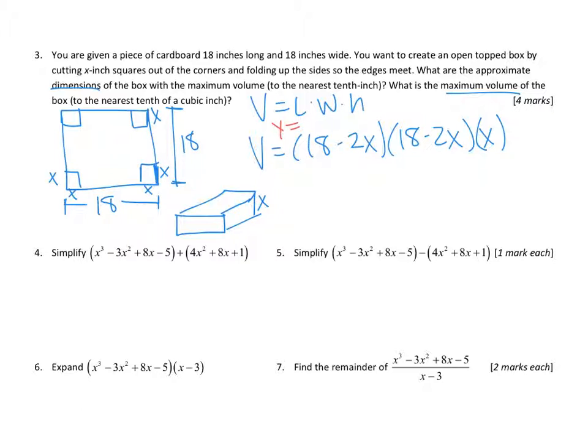So in my table, I see my highest point is at 3 and then 432. So I know my maximum is probably going to be around that 432.